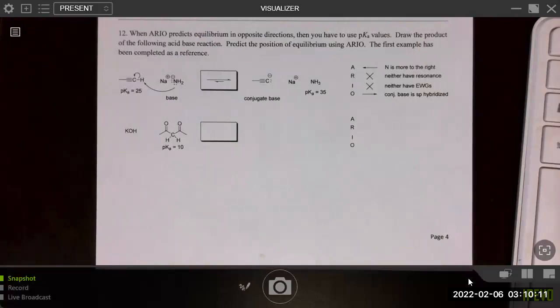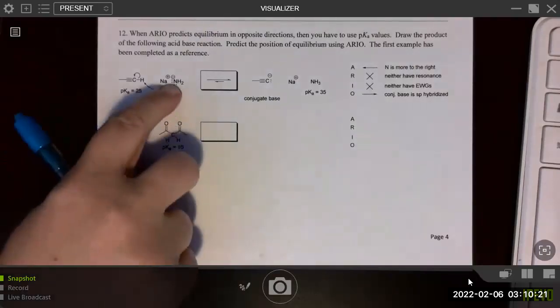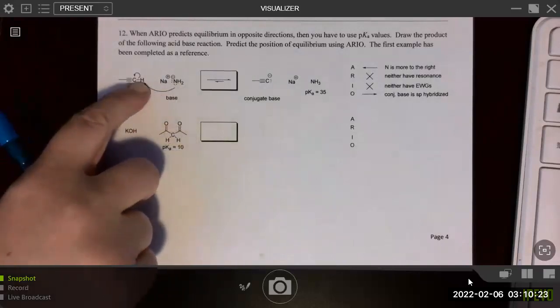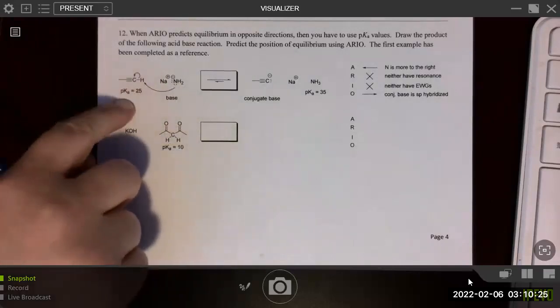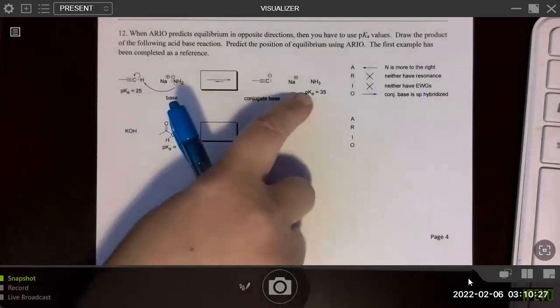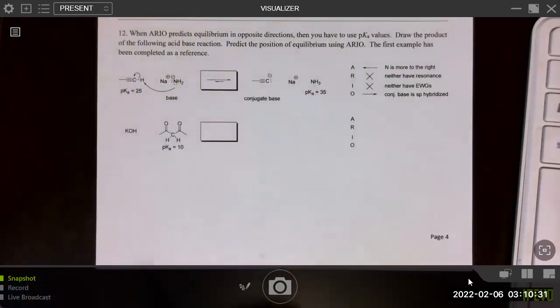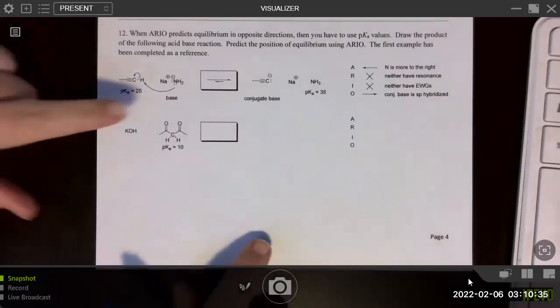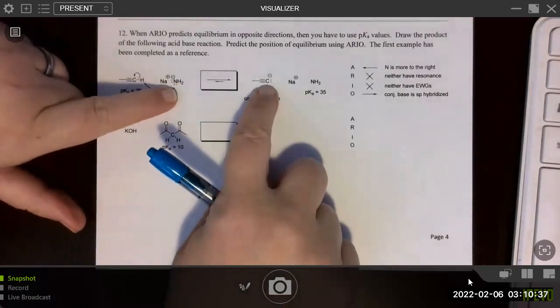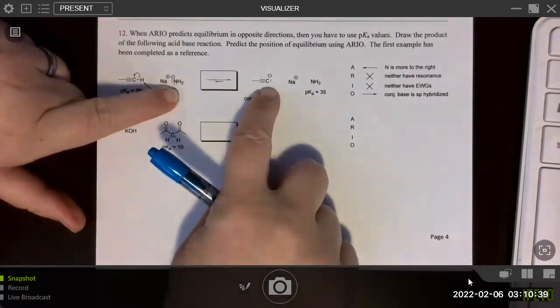Okay, so let's go ahead and see what's going on here with the example before we do the real question here. So we have the base taking the proton from this acid and then forming the conjugate base and conjugate acid. And then again, these predictions are based on nitrogen versus carbon with a lone pair and a negative charge.